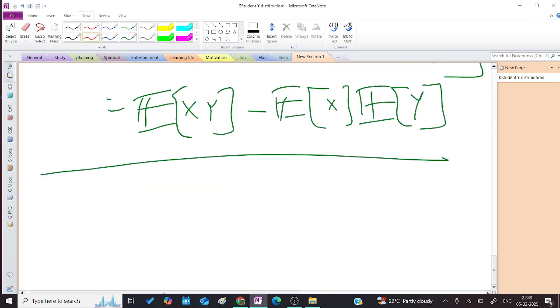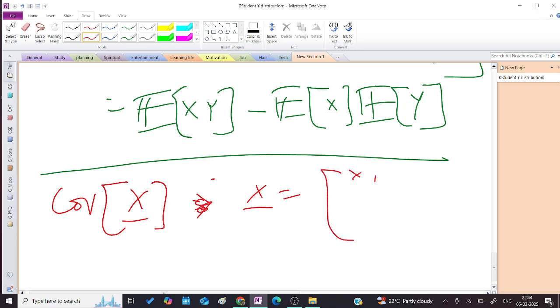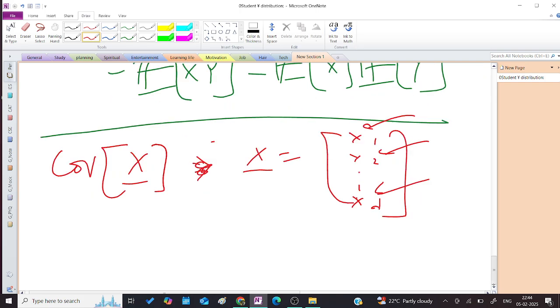Similarly, the covariance of vector x, where vector x is nothing but x1, x2, up to xd. We are assuming the vector x is d dimensional, and each x is a random variable.